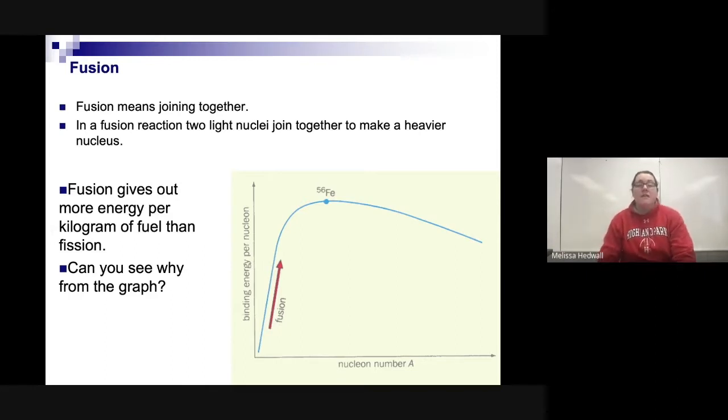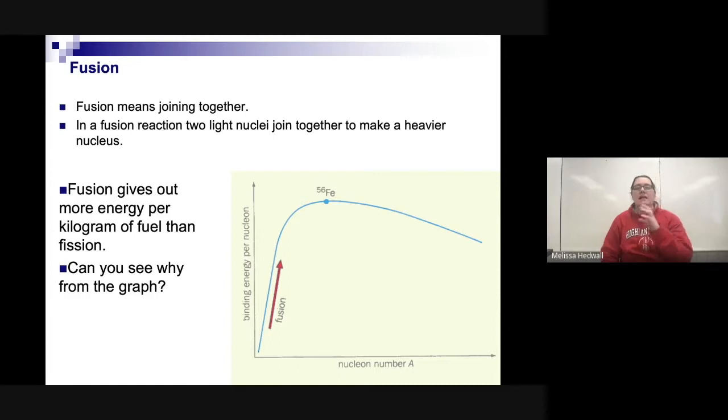And so fusion gives off more energy per kilogram, and what it does is you have a big jump in there, and just by having fewer nucleons to start, when you release one nucleon and the energy that goes with that, even though you're going up on the graph there, and you have more energy per nucleon in that final nucleus, you've released particles along the way, and those take energy with them.